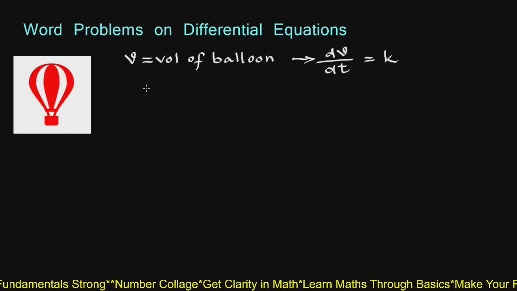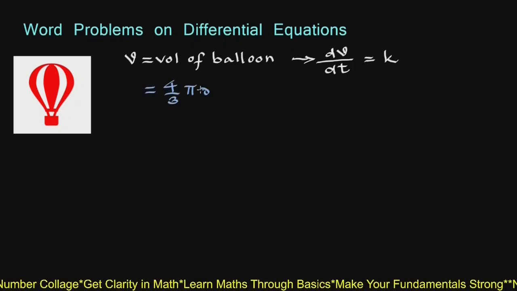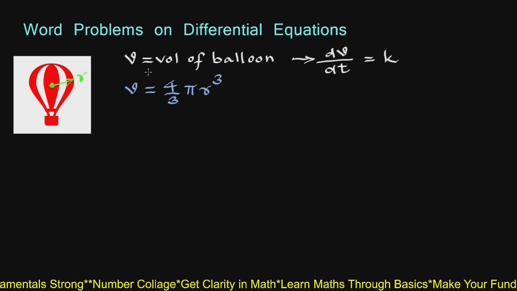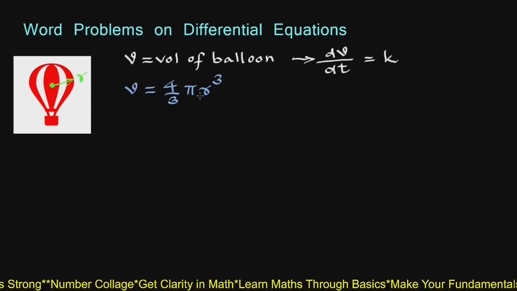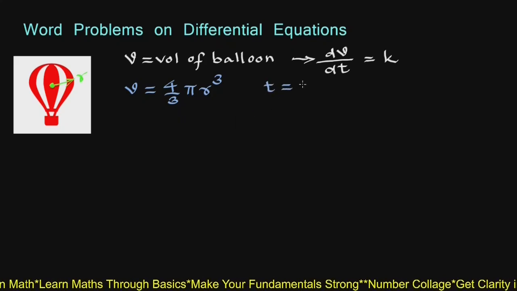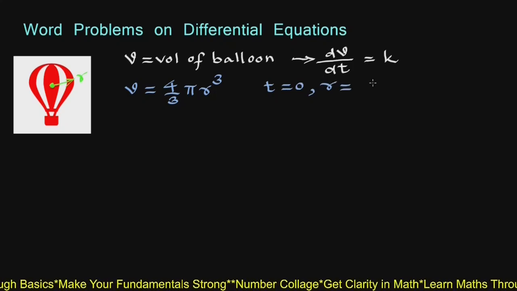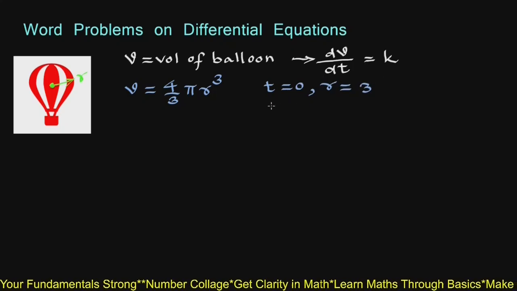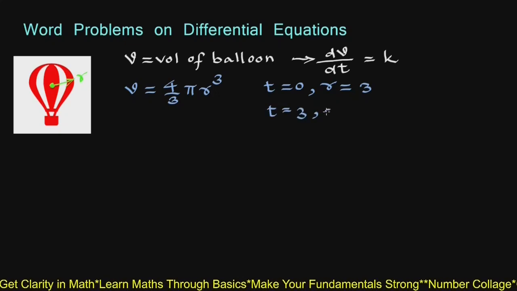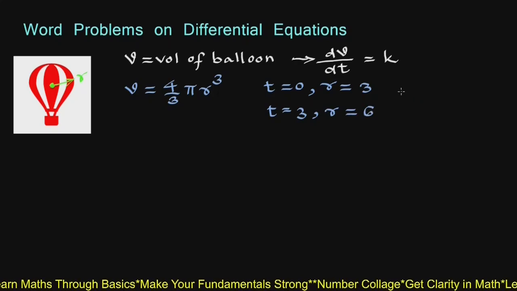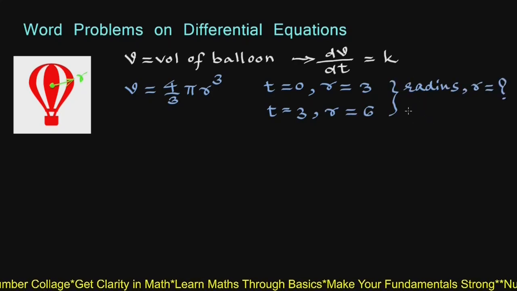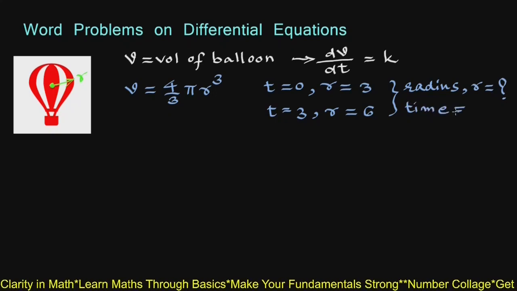Now the volume of the balloon is 4 upon 3 pi r cube, where r is the radius of the balloon. Initially, that means when time is 0, its radius is 3 units, and after 3 seconds, that means when t is 3, the radius is 6 units. We have to find the radius r after t seconds, which means when time was t.